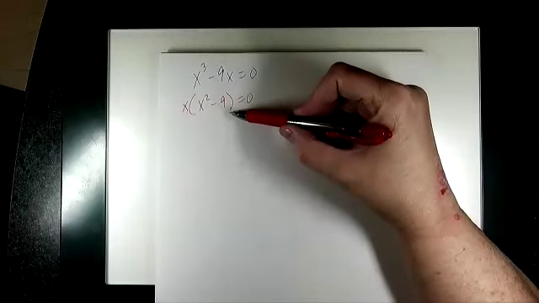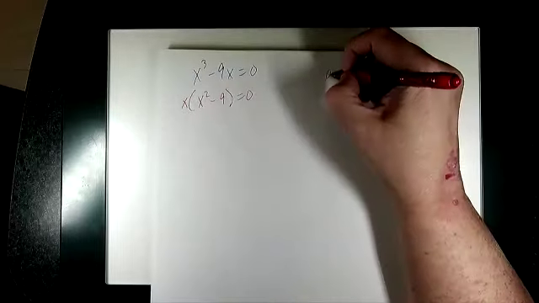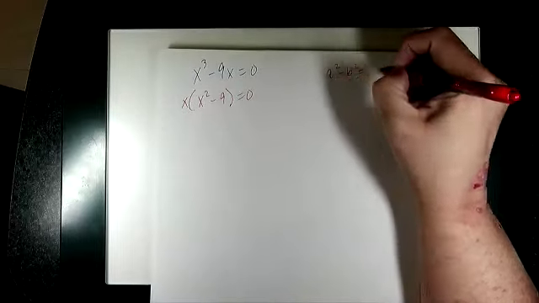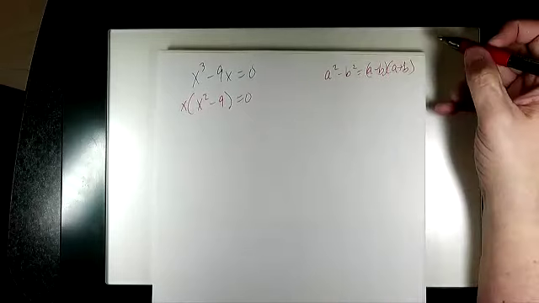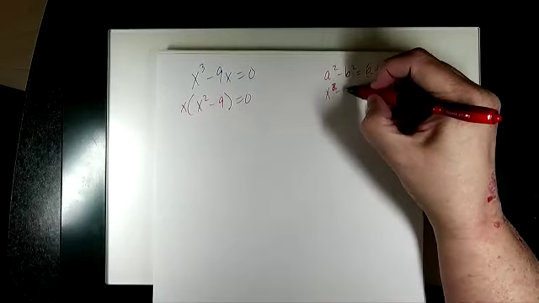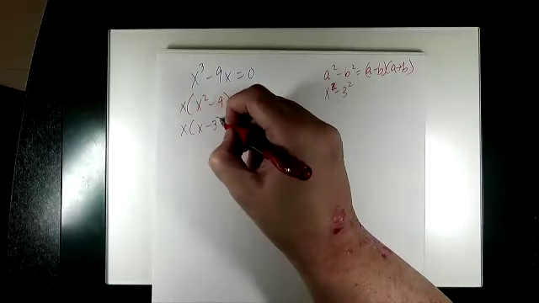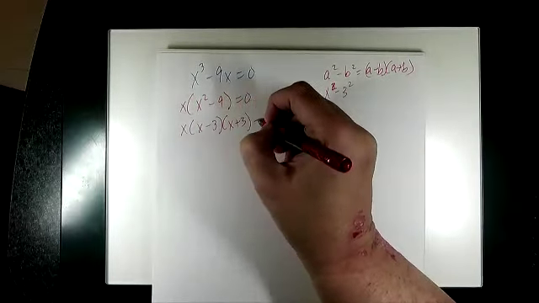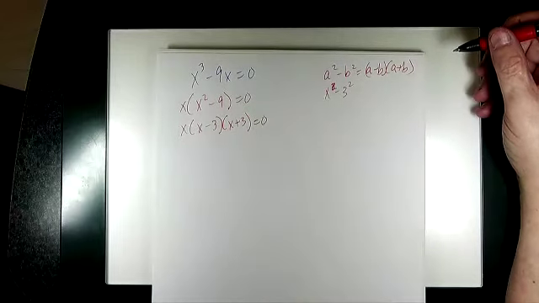Does anyone know what that is, the quick form? It is the difference of squares. a squared minus b squared is a minus b times a plus b. So we have x squared minus 3 squared, so we have x minus 3, x plus 3. If you're going into calculus, you should memorize that one. There are other ways to get it.